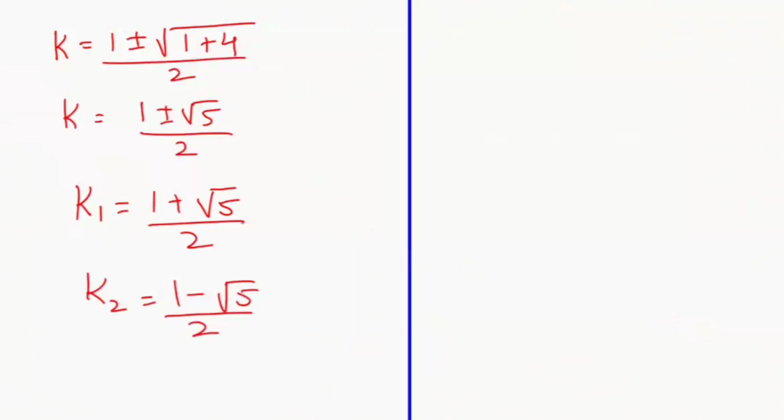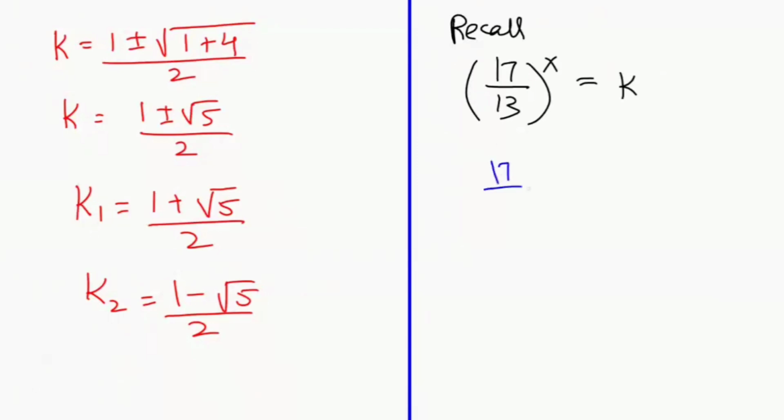Now I am going to recall that we supposed 17 over 13 whole to the power of x is equal to k, and now I'm going to plug in the k value here. First I am going to plug in the k1 value here. 17 over 13 whole to the power of x is equal to 1 plus root 5 over 2.